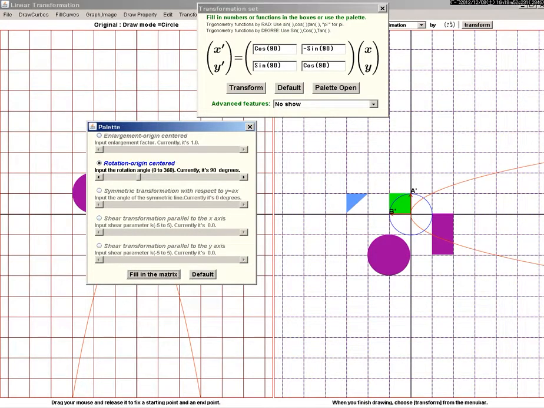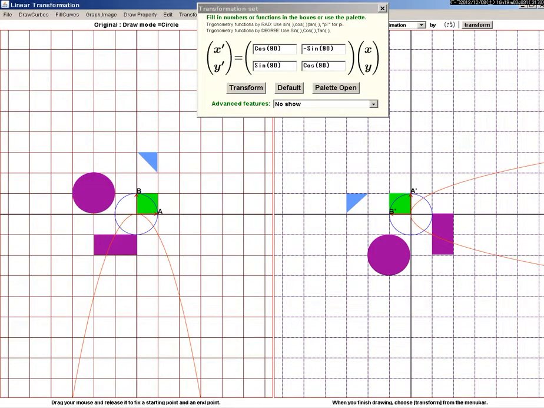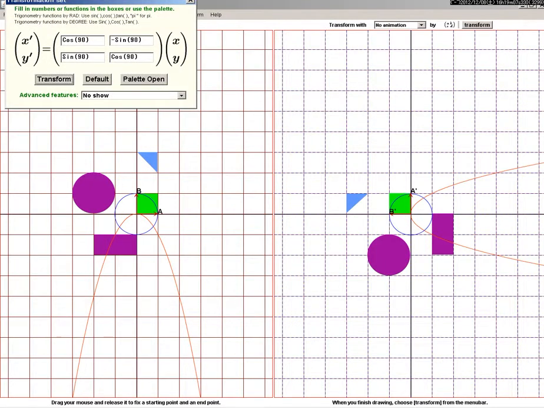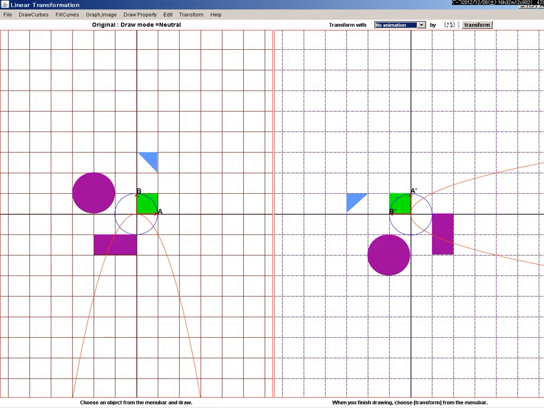There are 5 linear transformations in the palette: enlargement, symmetric, and shear transformation. So next, let's transform an image.